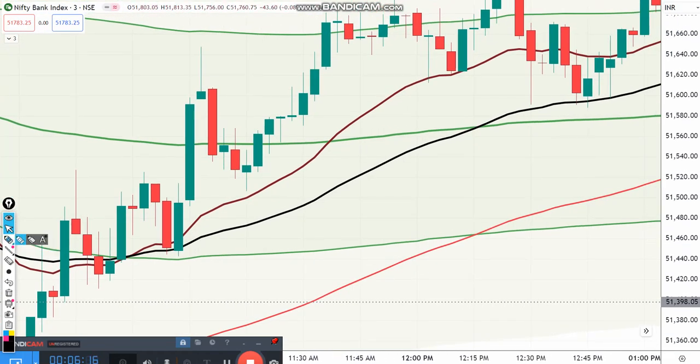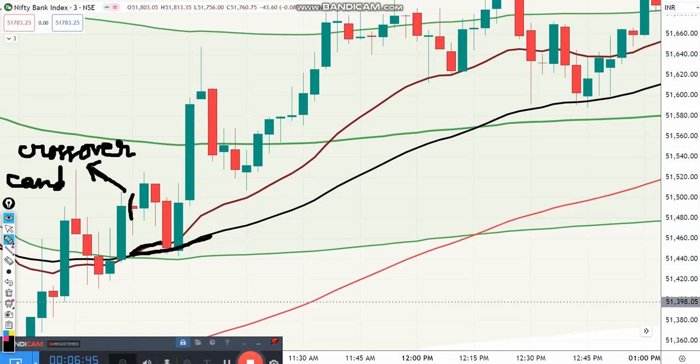See, after this bullish crossover of the 21 and 50, this is the crossover candle and this is the destination candle. So here this is the crossover candle, and this is the target candle.